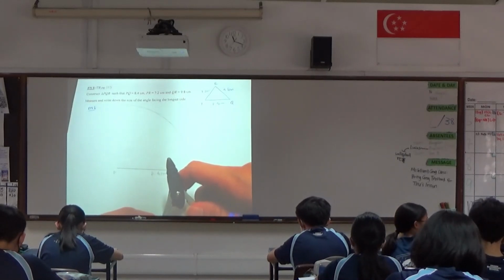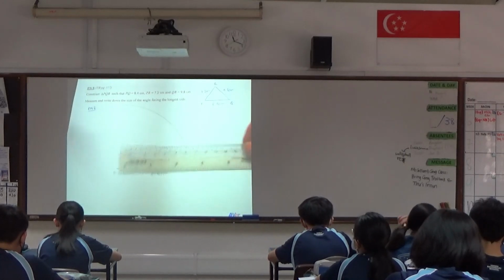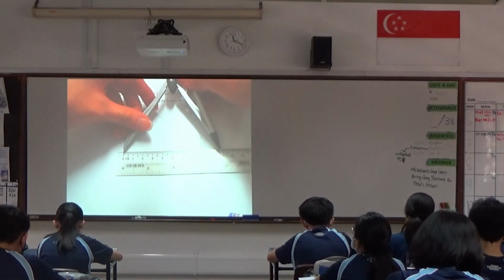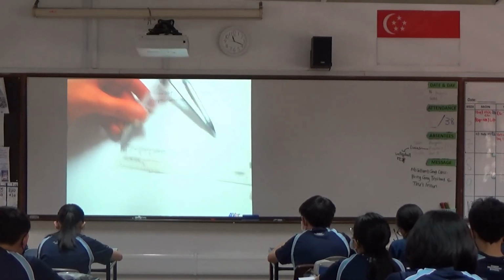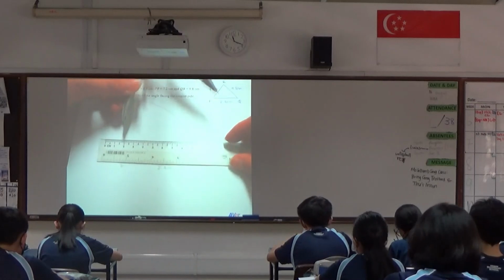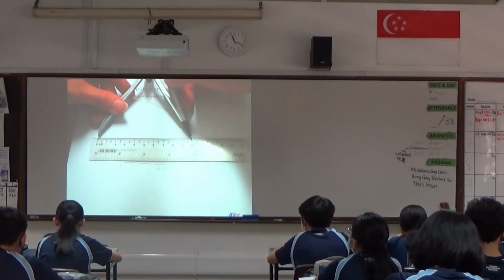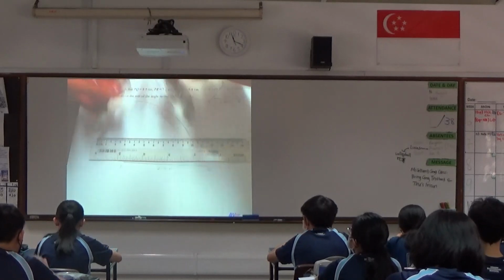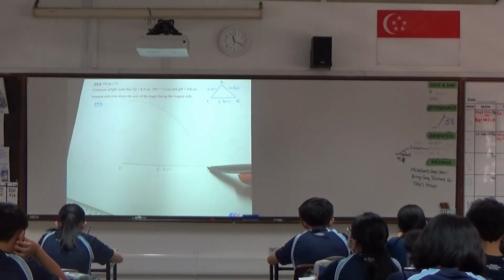Because my compass is a little tight, you need to make sure that you adjust your compass such that it is tight but not too tight. It definitely shouldn't be loose. So I have a 9.8 cm over here. Then I will go to Q and I will then make my marking.